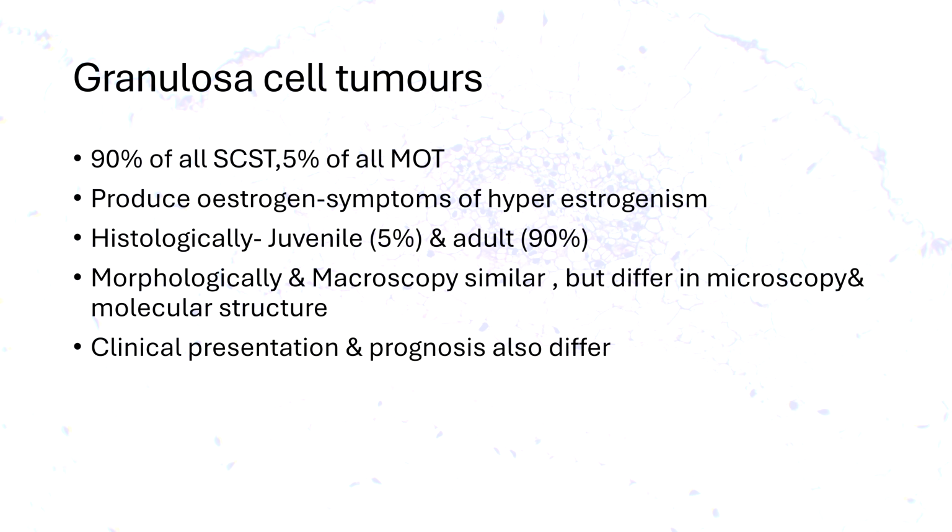Histologically, there are two varieties, adult and juvenile. Adult is the most common type, constituting about 90% of the neoplasm, and a small percentage is the juvenile variety. These two types are similar in morphology and macroscopy, but differ in microscopy and molecular structure. The clinical profile of the woman and prognosis also differ in these two groups.